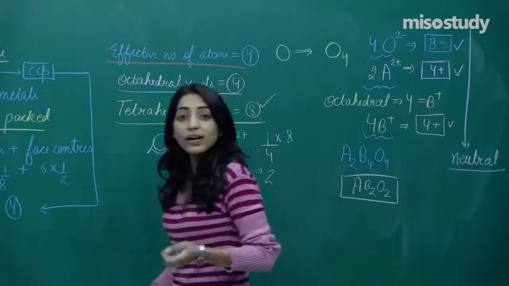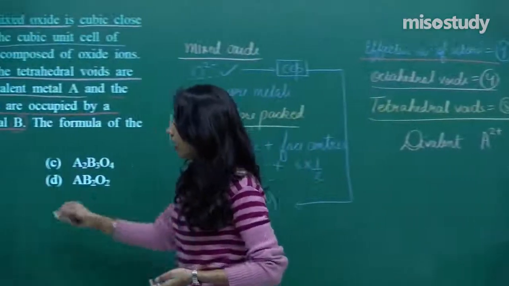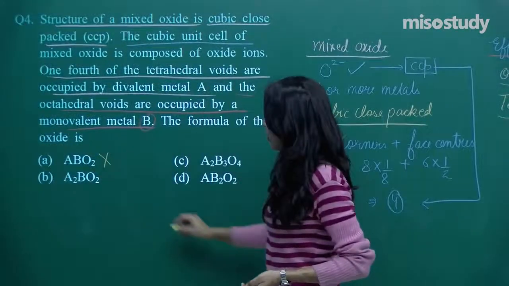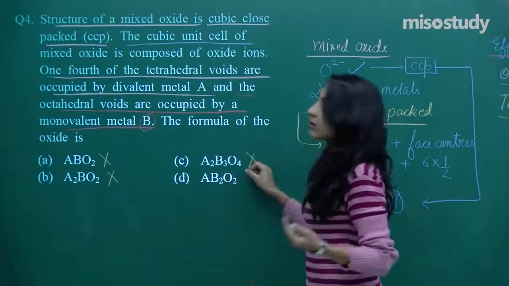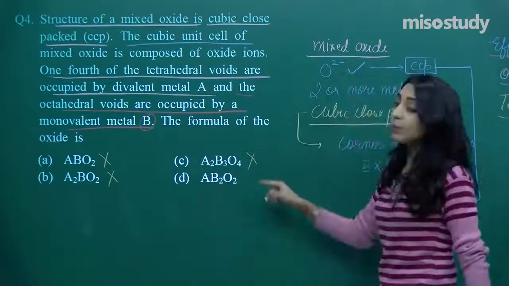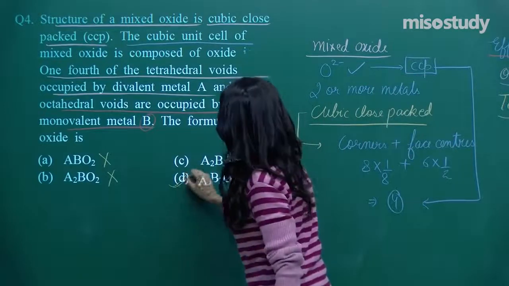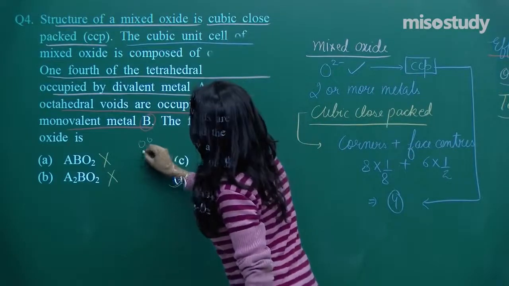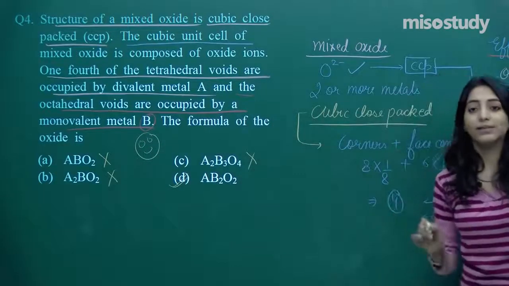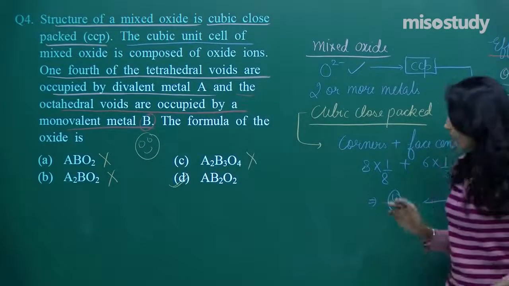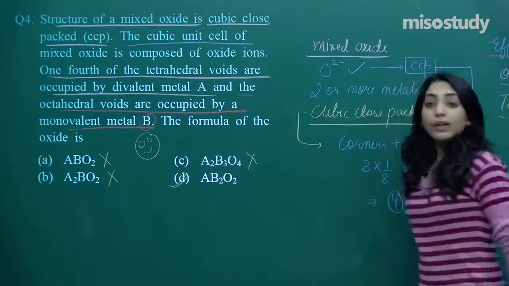Let us see if we are having any options. AbO2, no. A2BO2, no. 3 is not an option, so no. AB2O2 is the correct answer. Oh my God. So finally we have got the answer to our 4th question as well. Okay. Fine. Let us continue further.